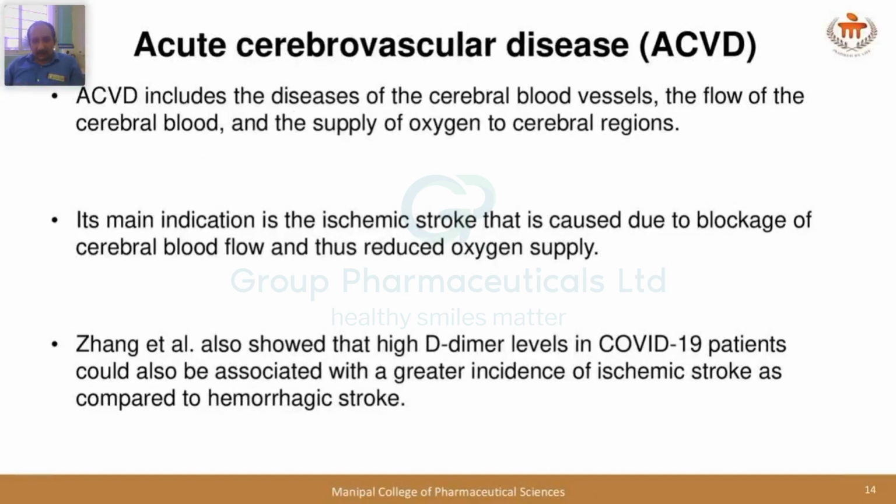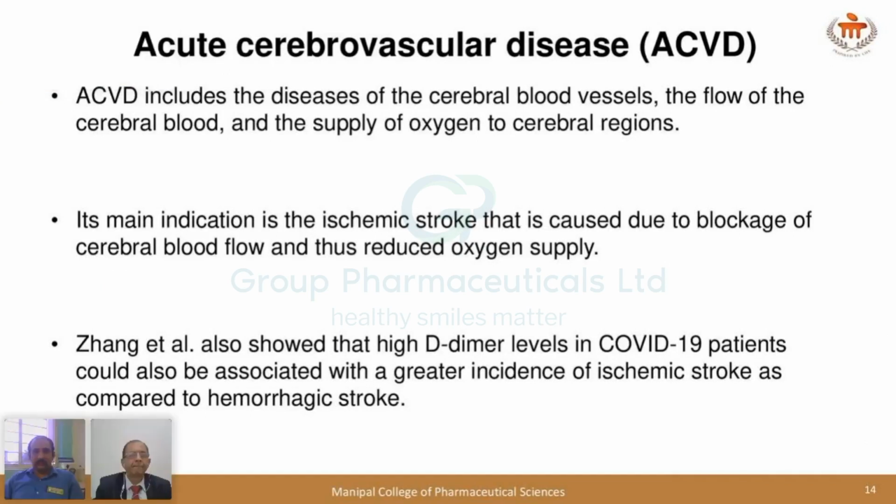The last disorder I wanted to point out is acute cerebrovascular disease, or ACVD. Acute cerebrovascular disorder causes problems in the cerebral blood vessels, and the flow of cerebral blood is affected, as a result of which the oxygen supply to several cerebral regions decreases.